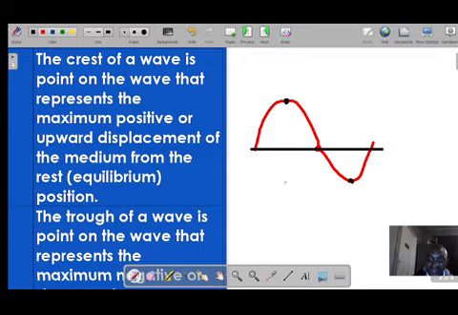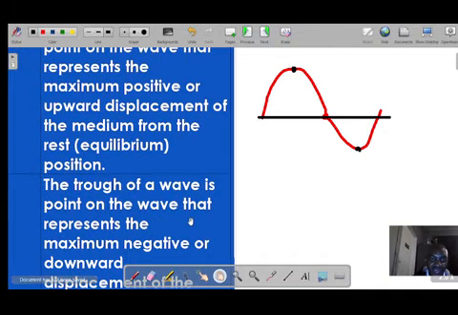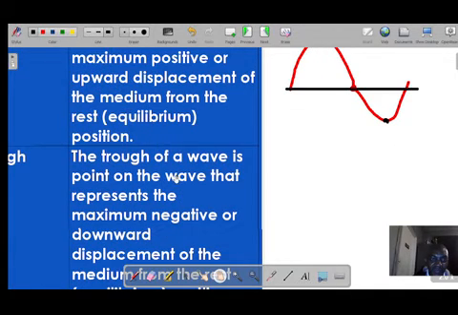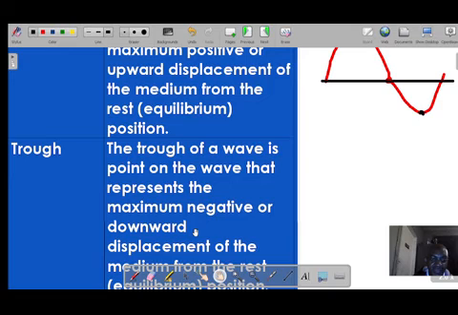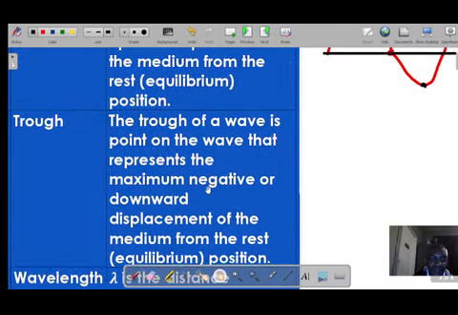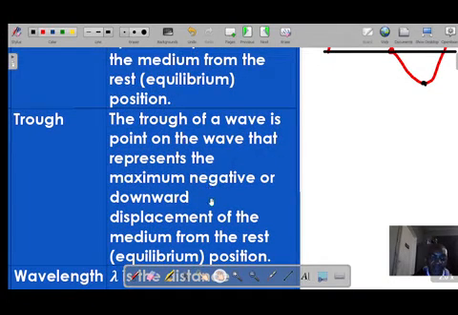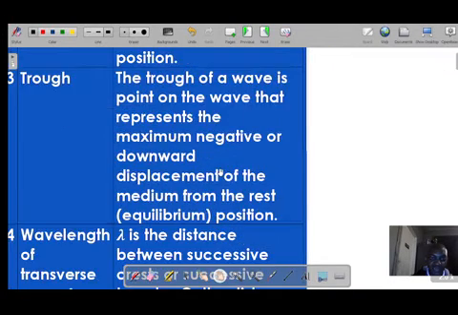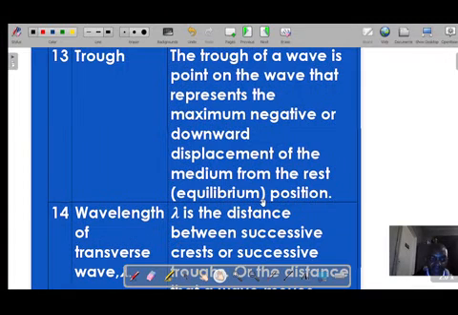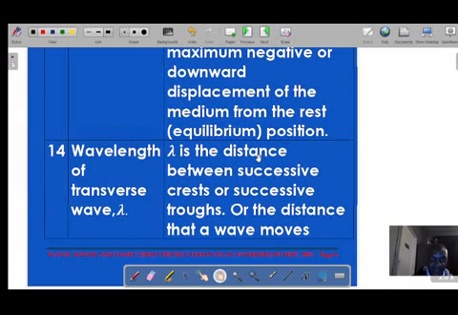Hope we are together. Let us proceed. A trough of a wave is a point on the wave that represents the maximum negative or downward displacement of the medium from the rest position.